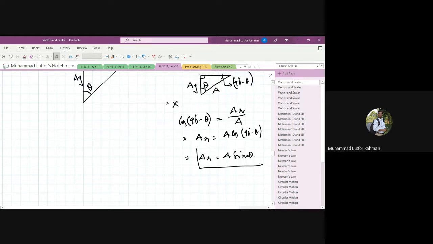And AY creates the angle theta with the vector A. I define cos theta to be base, AY divided by A. I write AY equals A cos theta, which is completely opposite of the previous case.